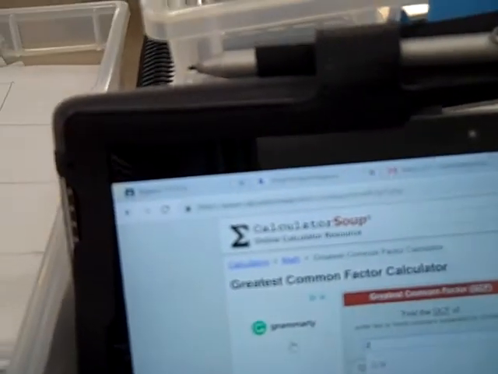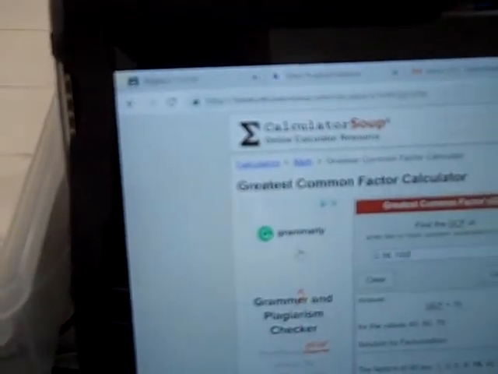Some of you, if you already know it, you can put it 2, 56, 150. Okay, I got a GCF of 2. So 2x is the GCF. So 2x goes here. I put a parentheses around it, then I divide all of these by 2x.